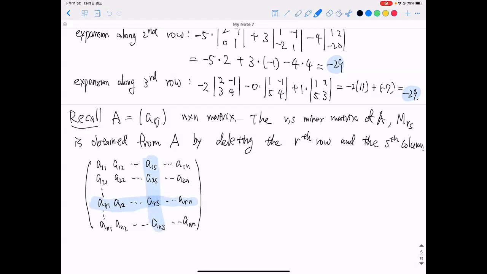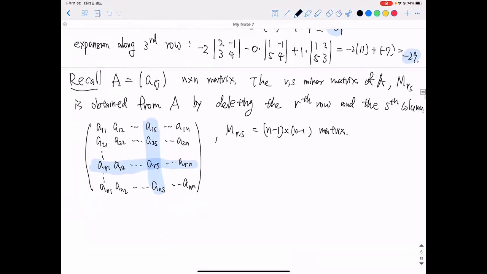And we push everything that's left together to a matrix of size n minus 1 by n minus 1. So Mrs is an n minus 1 by n minus 1 matrix.